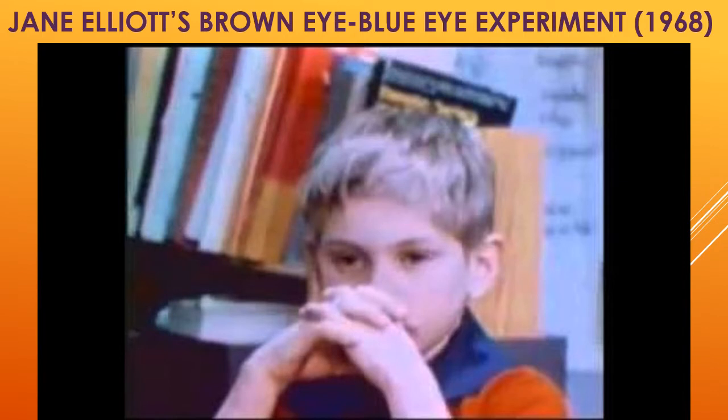Now on this slide, you can also find a link to this video on Blackboard under the Chapter 11 content link. This video contains footage from Jane Elliott's 1968 experiment. I do want to put a disclaimer out there. Be aware that this video contains some sensitive language.